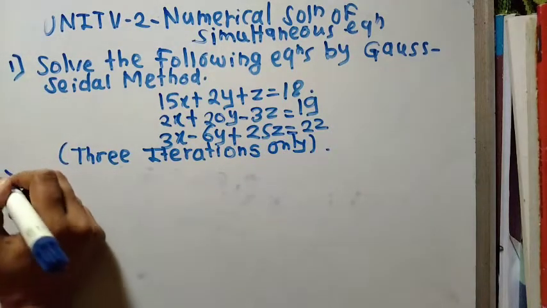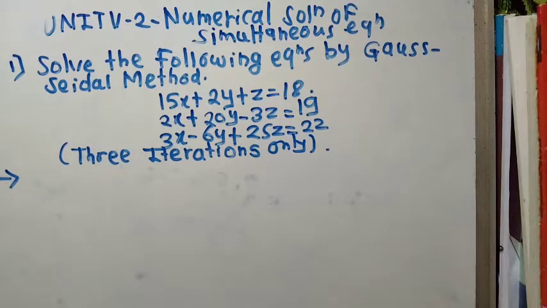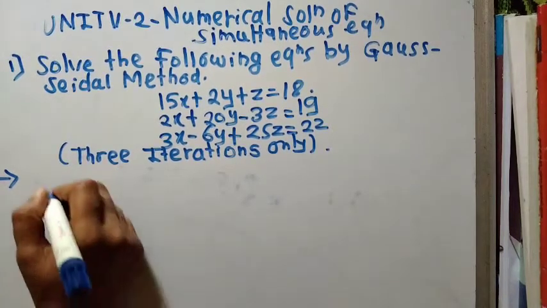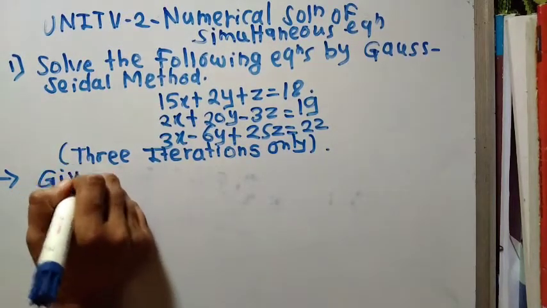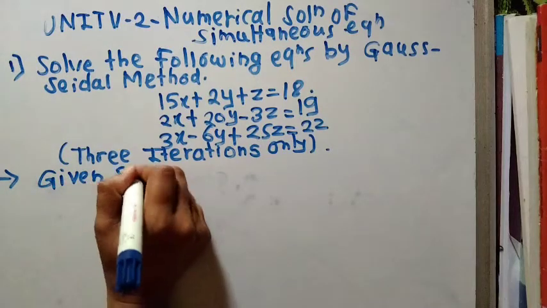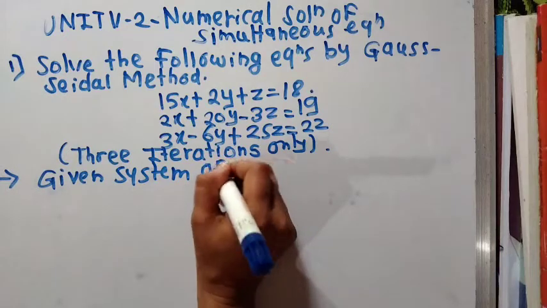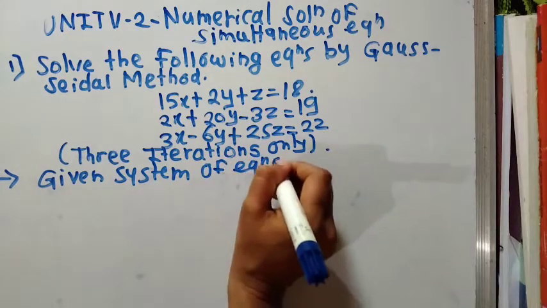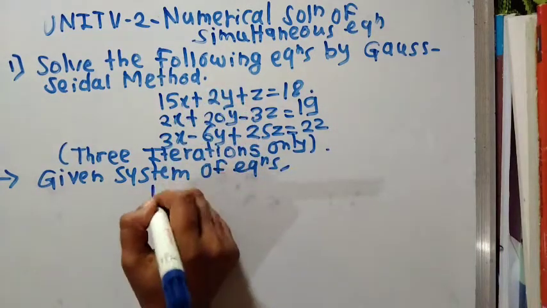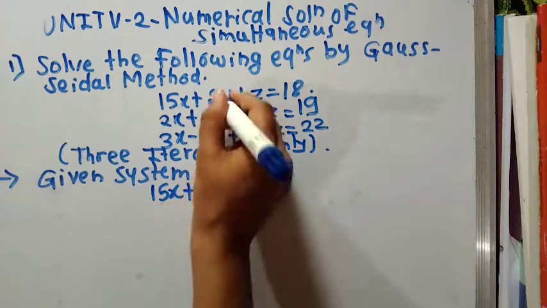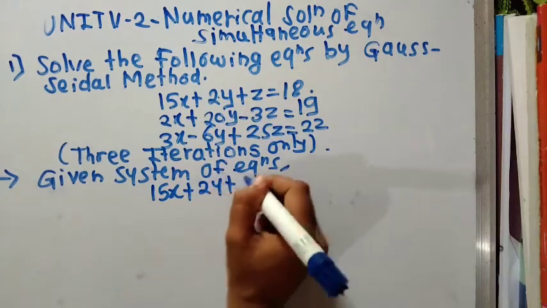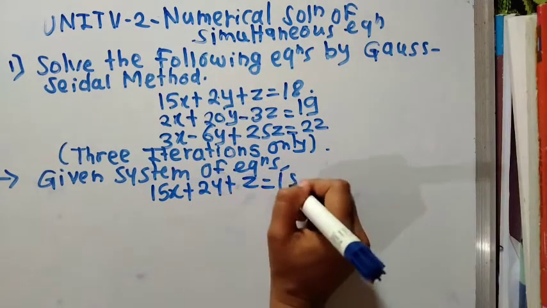So first write down the given system of equations. It is 15x plus 2y plus z is equal to 18.